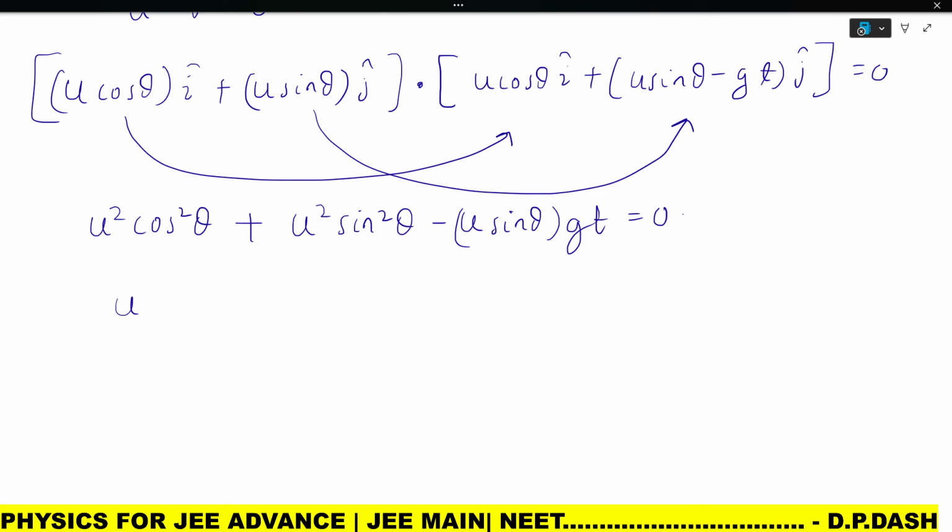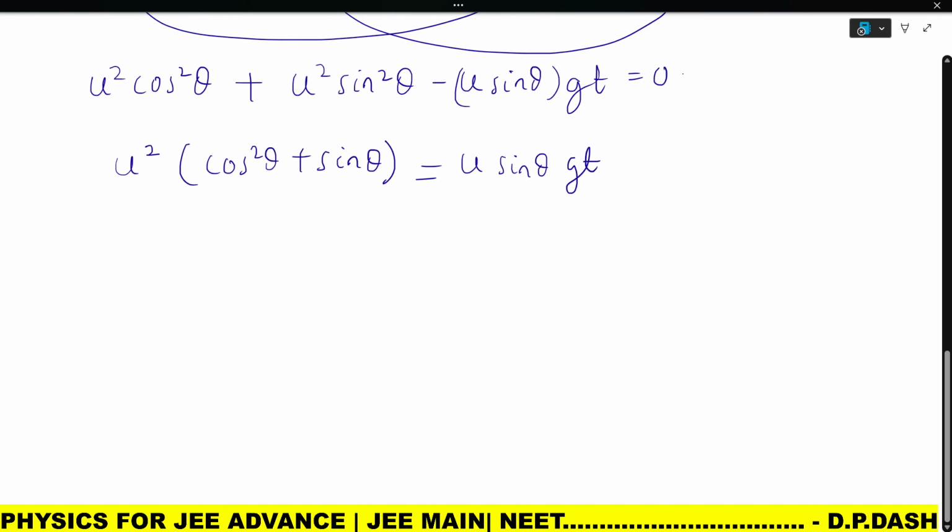On solving this, you can take u square common from the first and second terms, cos square theta plus sin square theta, equal to u sin theta into gt.